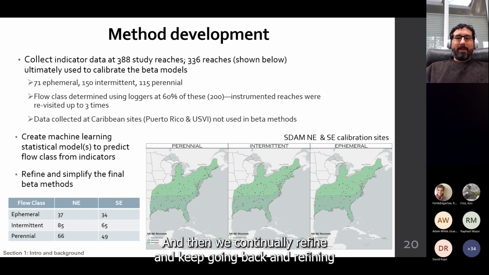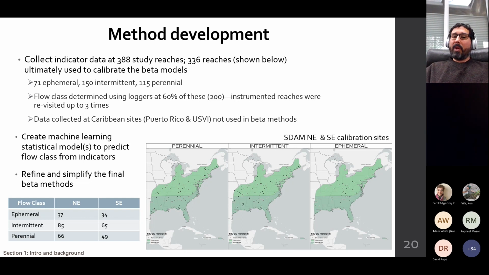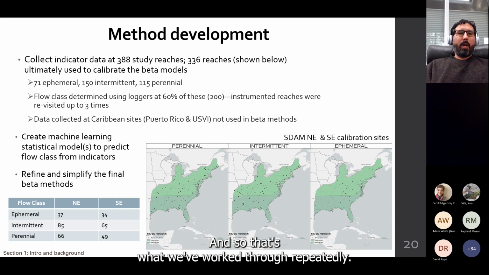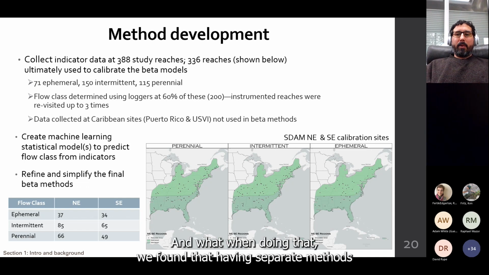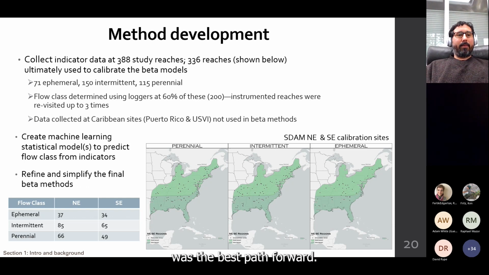And then we continually refine and keep going back and refining until we can get down to the most accurate, defensible, and field implementable method we can. And so that's what we've worked through repeatedly. And when doing that, we found that having separate methods for the Northeast and Southeast, although many of the indicators overlap, was the best path forward.